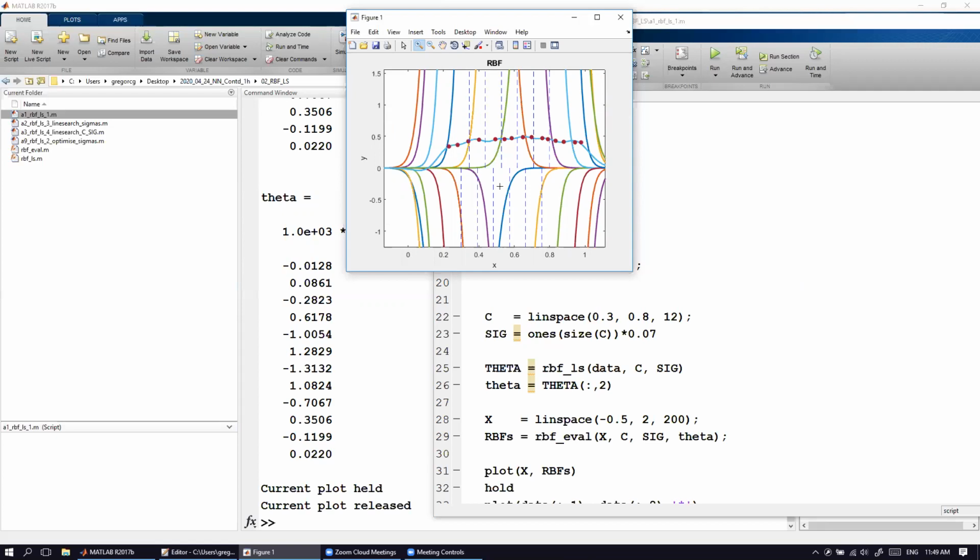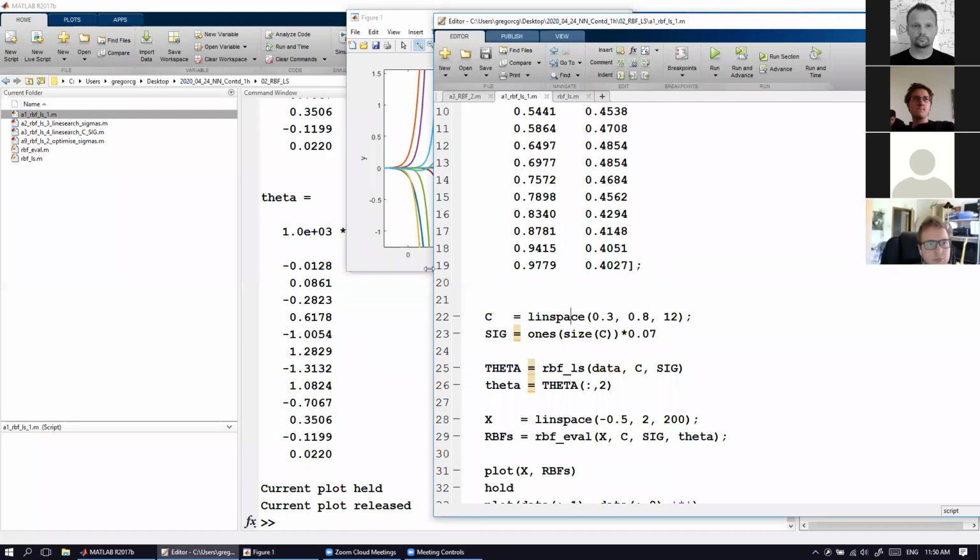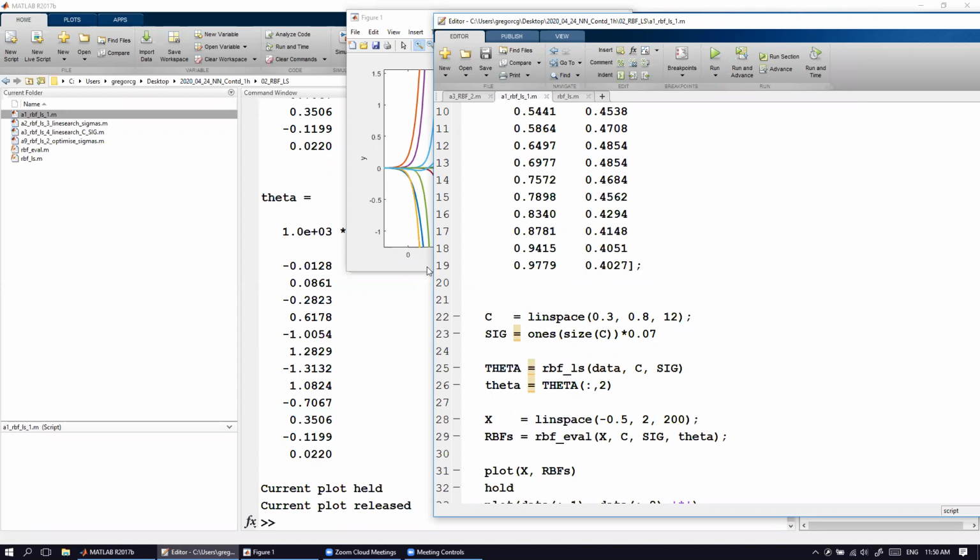Is this clear? Right. So what can we do in order to make things better?